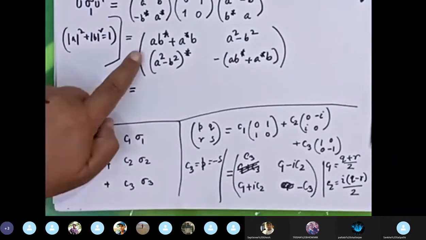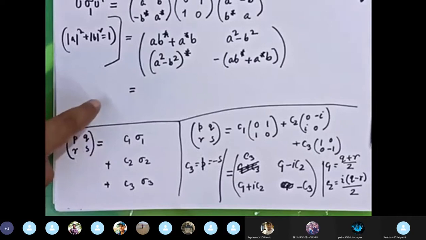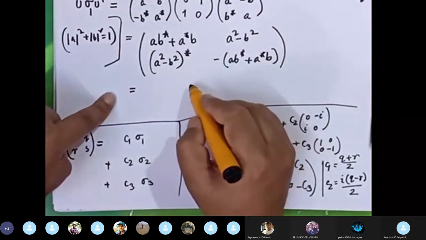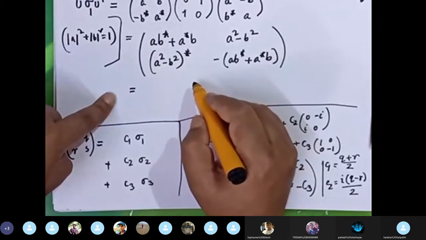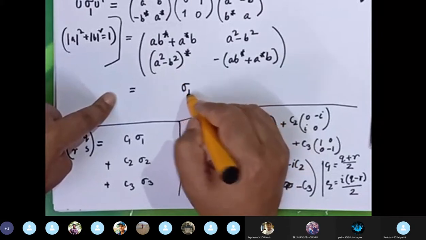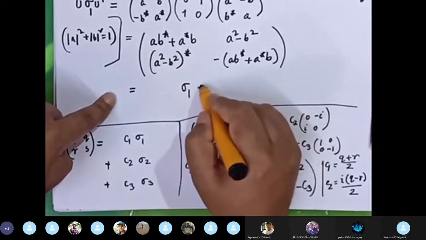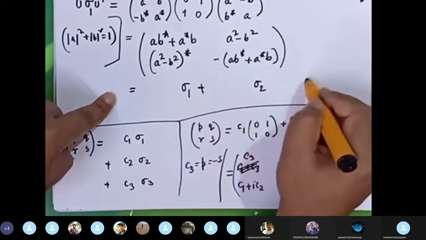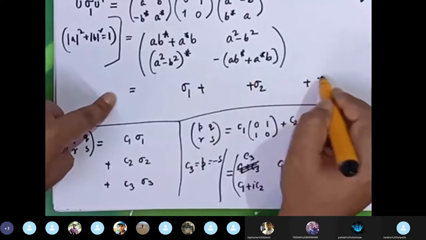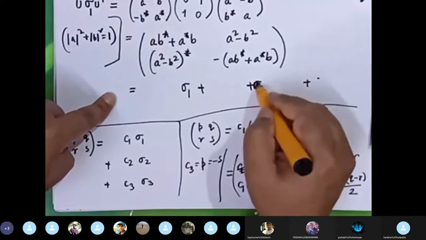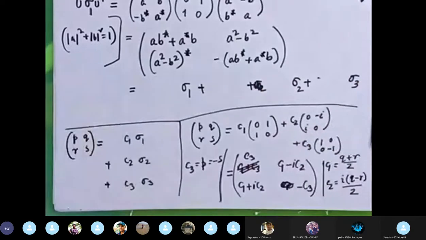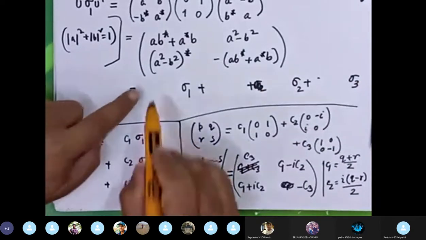Now this matrix, if you want to write it in terms of sigma 1 plus something plus sigma 3, you have to write these coefficients.